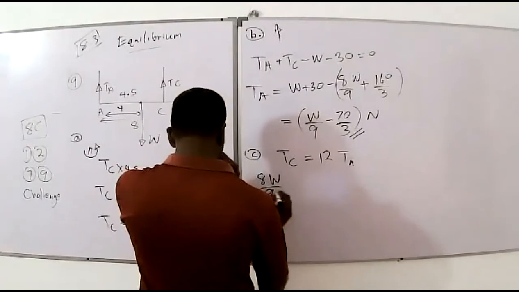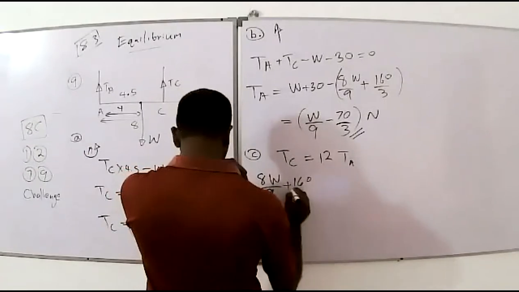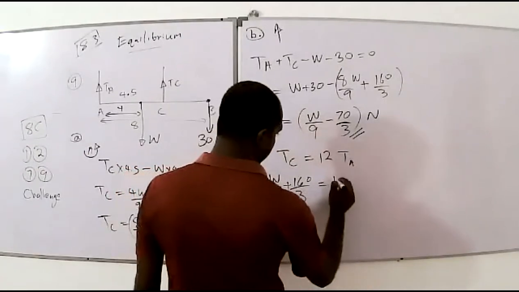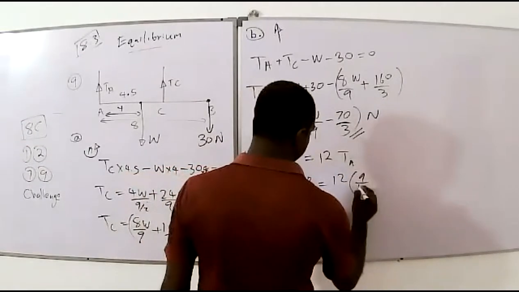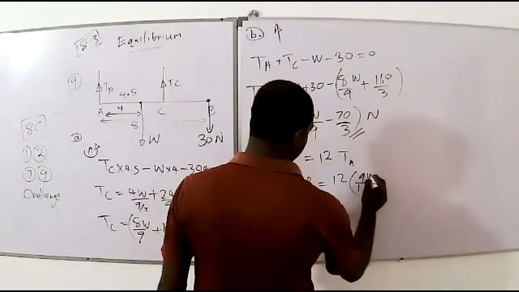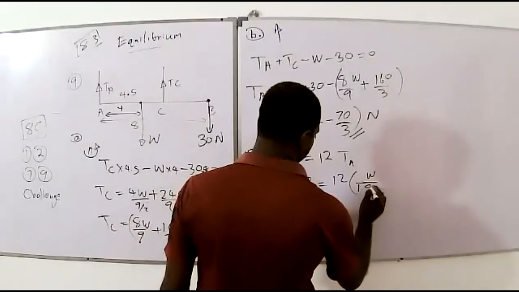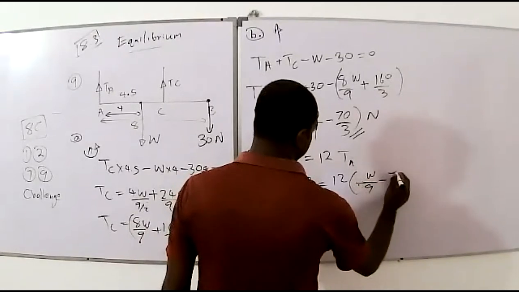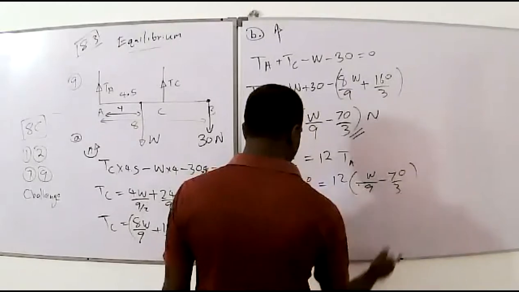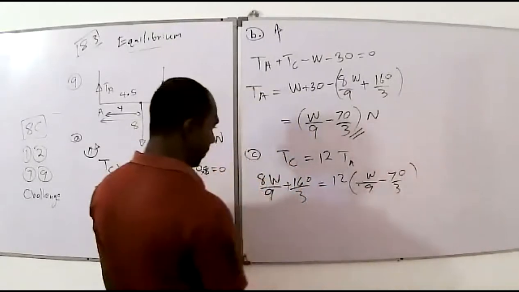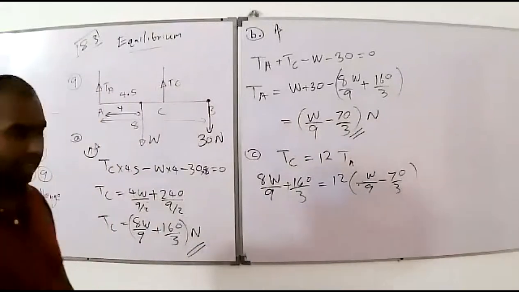So what can we write? 8W over 9 plus 160 over 3 is equal to 12 times W over 9 minus 70 over 3. We can cancel the denominators, it will be easy.